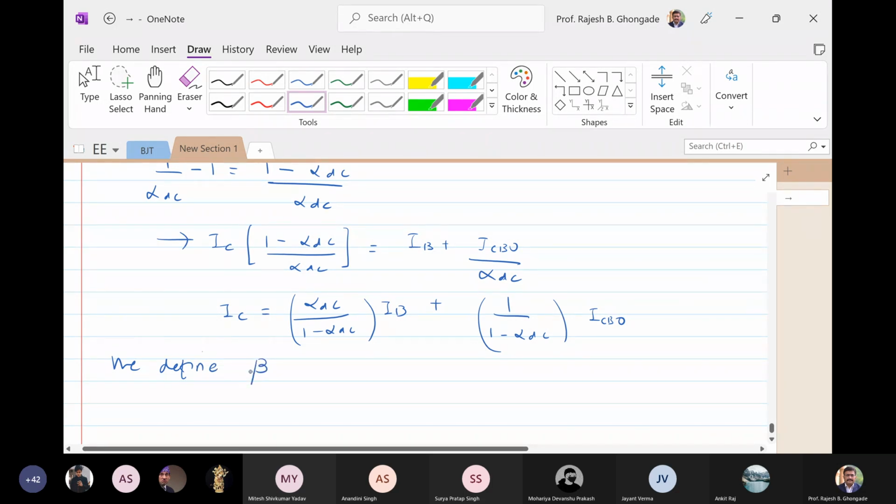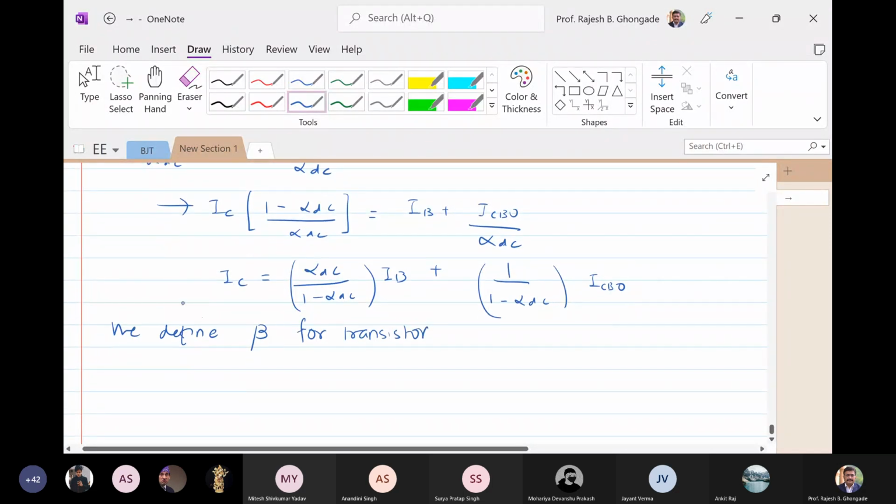Now we define beta, a very important thing for transistor. The factor beta is equal to alpha DC divided by 1 minus alpha DC.